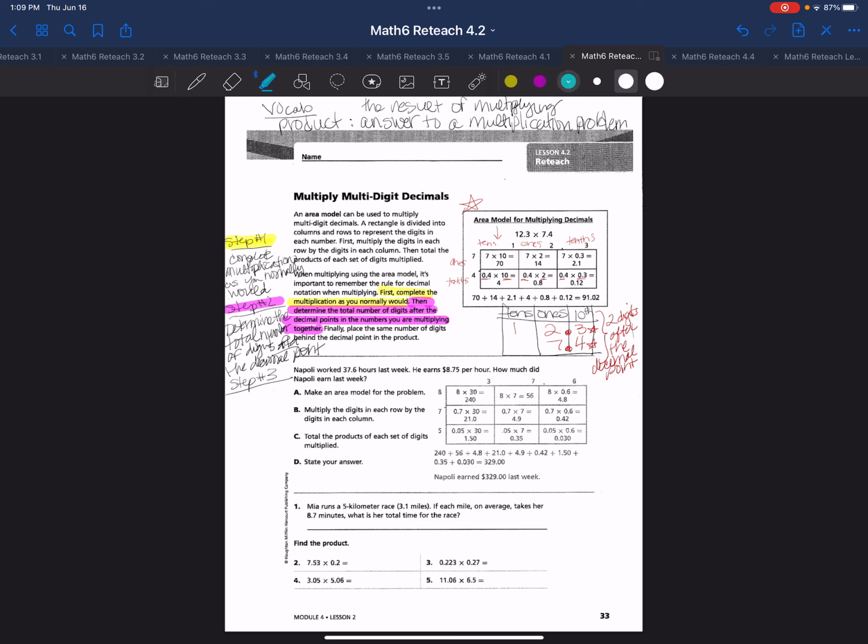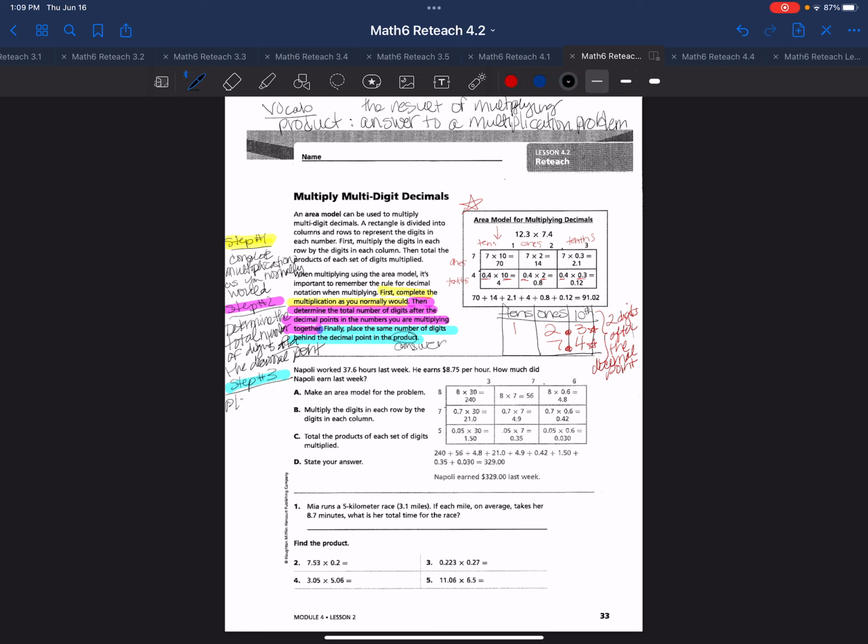Step 3 states, then finally place the same number of digits behind the decimal point in the product. So here when they're saying in the product, that's your answer. Because it's the answer to a multiplication problem and we're multiplying.